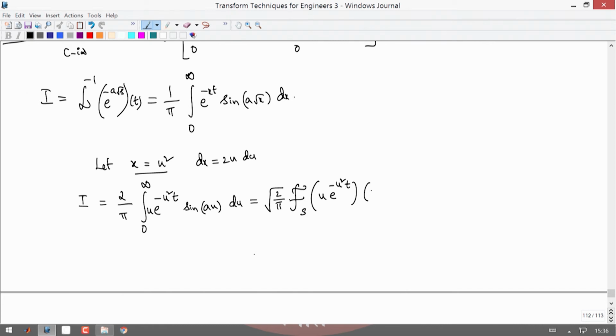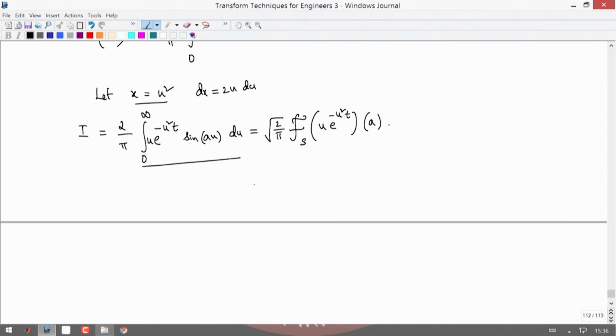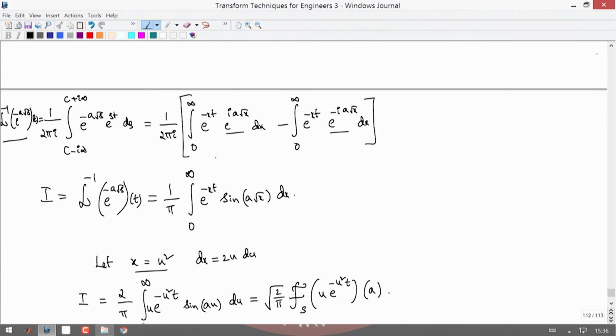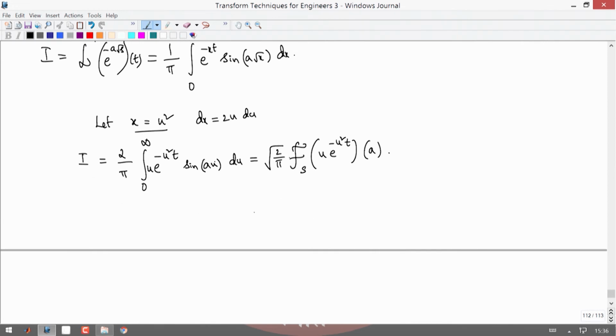Because at the end you get a function of a. t is a constant, a given constant, and a is the variable. So this is the Fourier sine transform of this function.